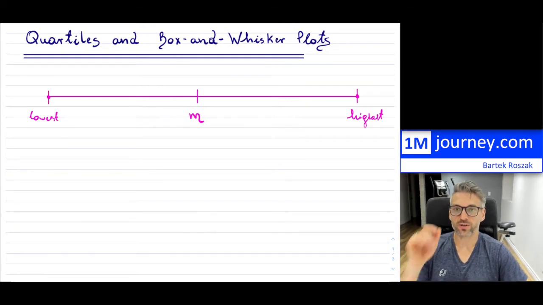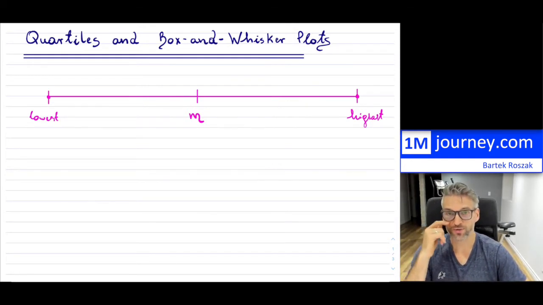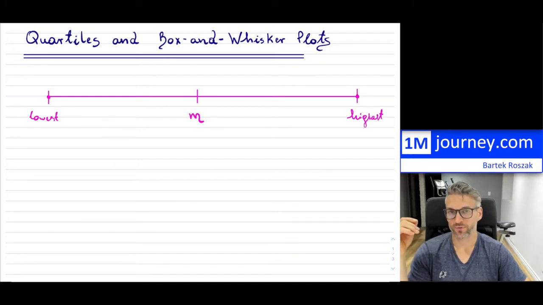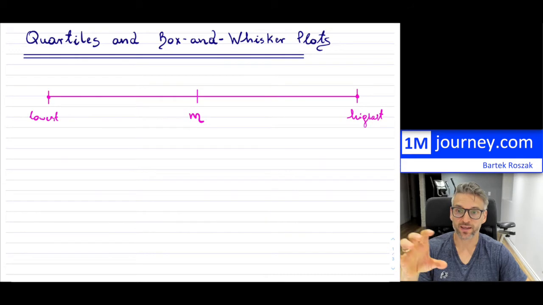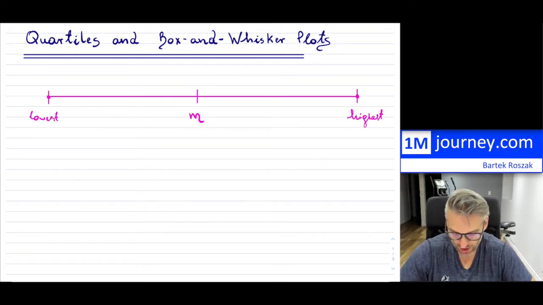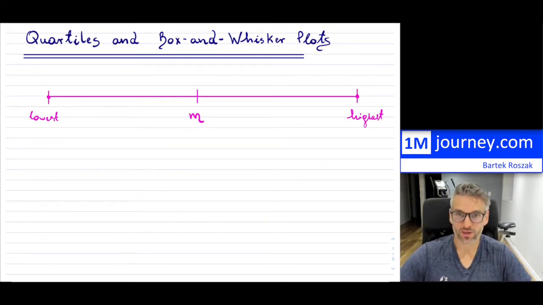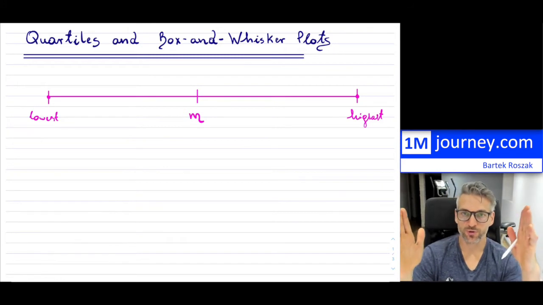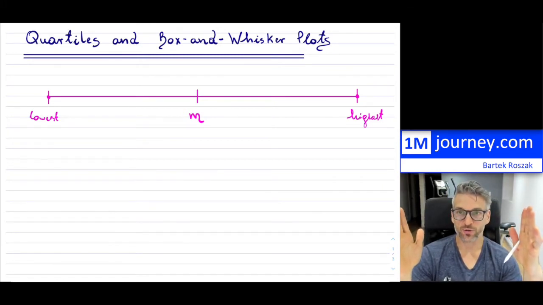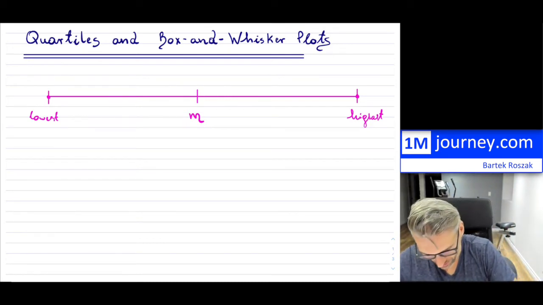Now, if you wanted to talk about quartiles, well, quarters, dividing things into 4 equal components shouldn't be that much of a grasping item for you. So if you're taking 4 quarters, we could take from the lowest data point to the median, and find the median of that first half.